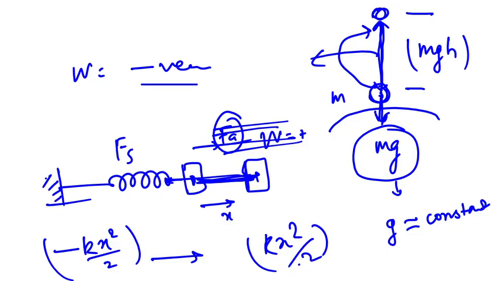So in easy way, we can say the negative of work done by a conservative force is the amount by which the potential energy will rise in the system.